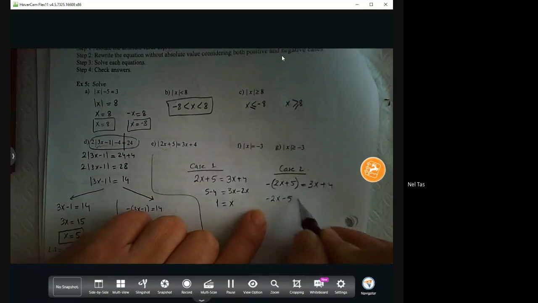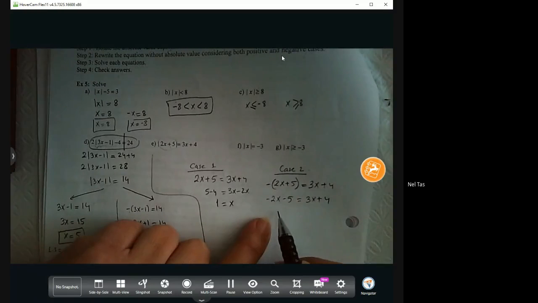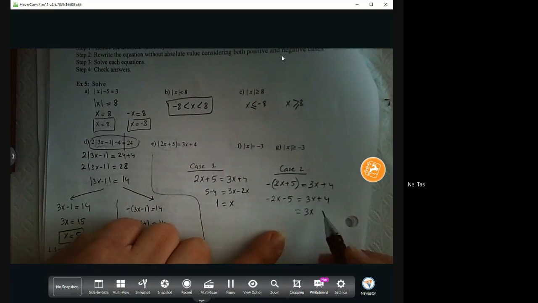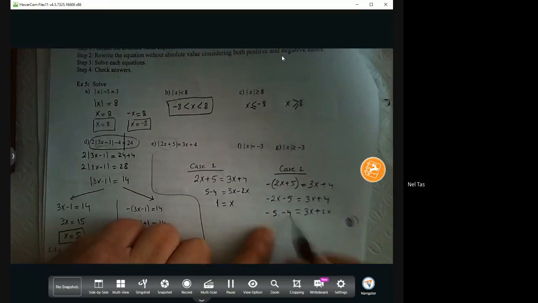Negative 2x minus 5 equals 3x plus 4. Then collect variables on one side and numbers on the other side. So we get negative 9 equals 5x, x equals negative 9 over 5.